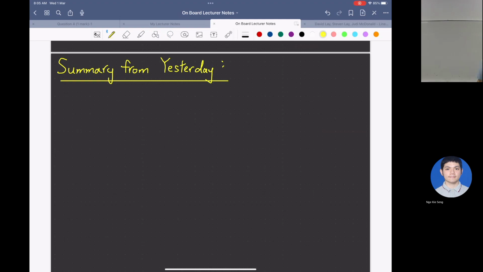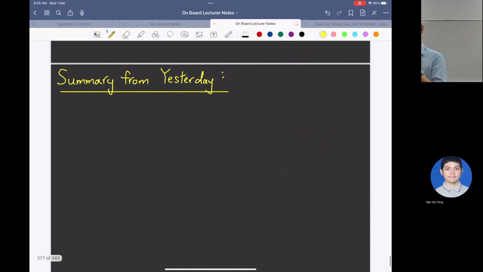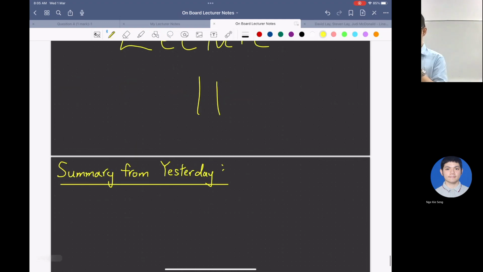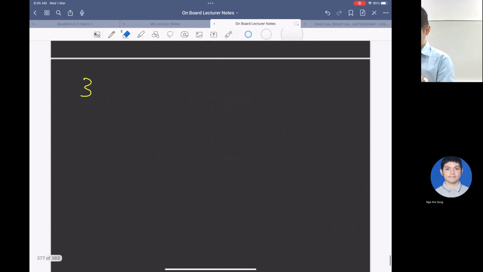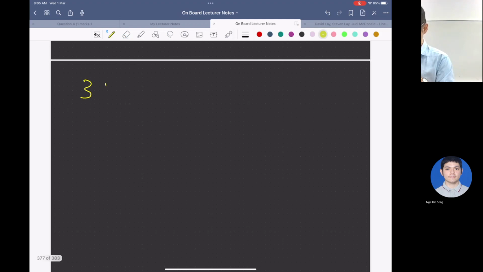Where is the vector live? Vector belongs to what vector space? Three vectors, three linearly independent.